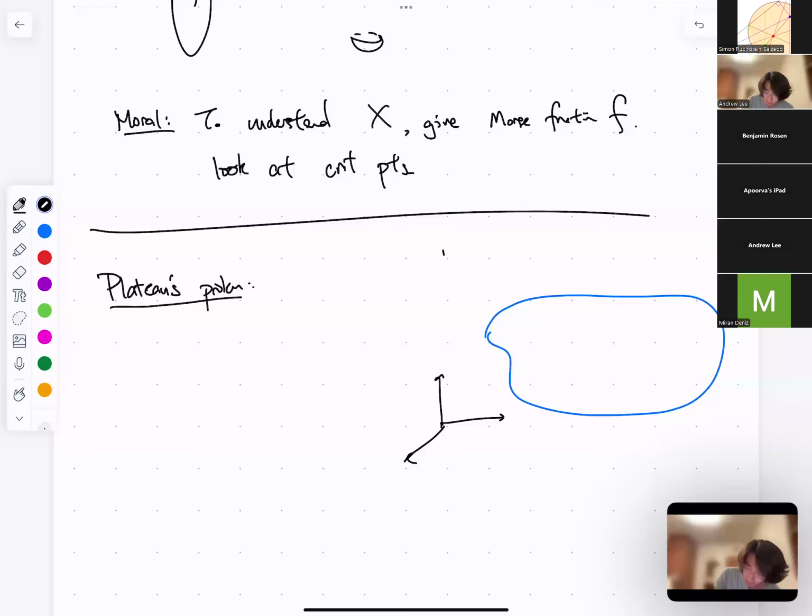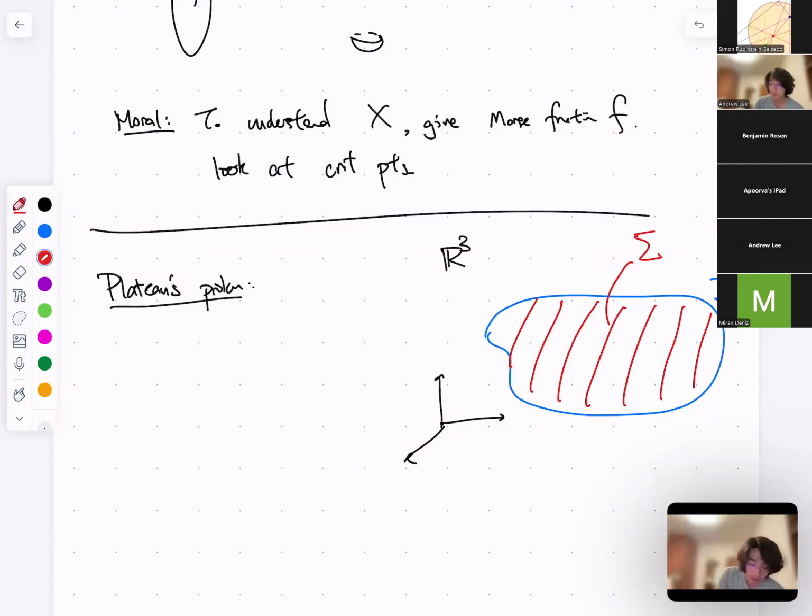Then I want to find a surface, we call it sigma, which has the boundary gamma. Then I can ask, when can I find a sigma that has minimal area?